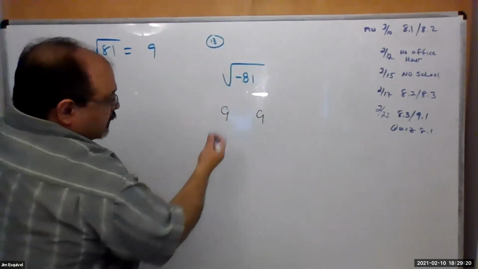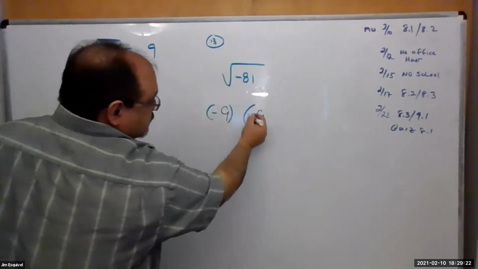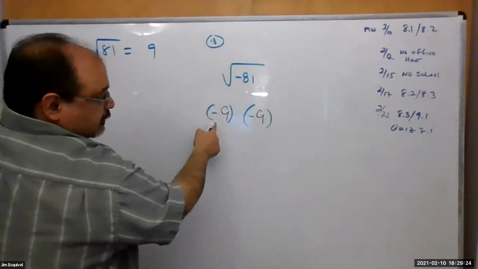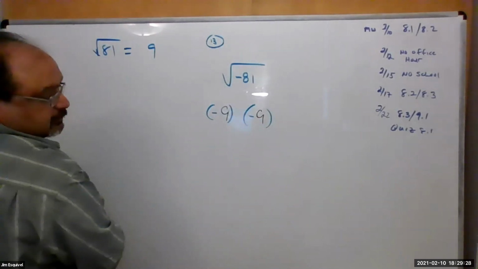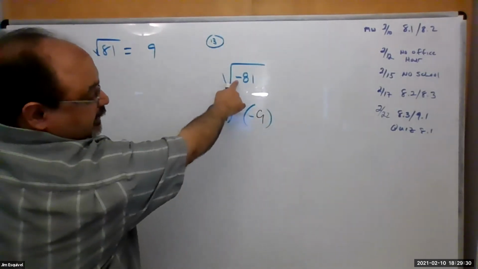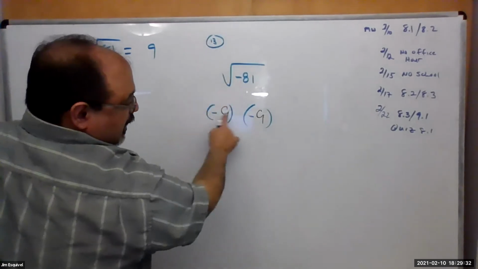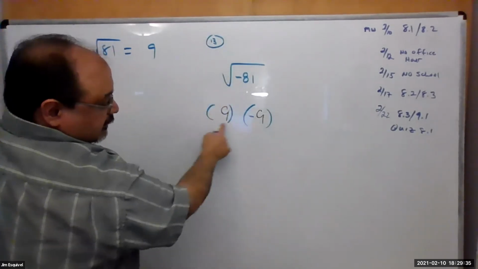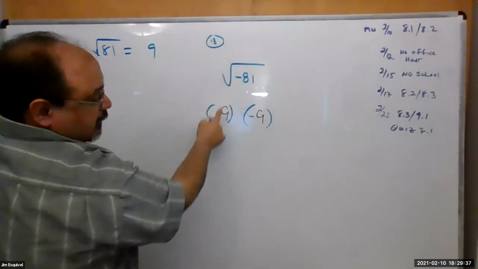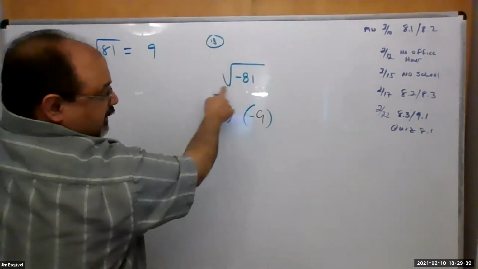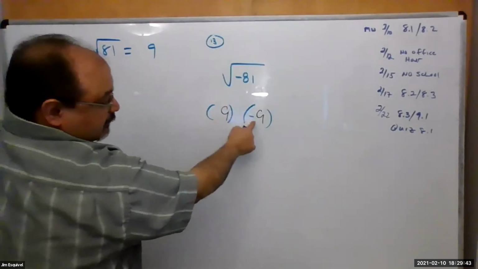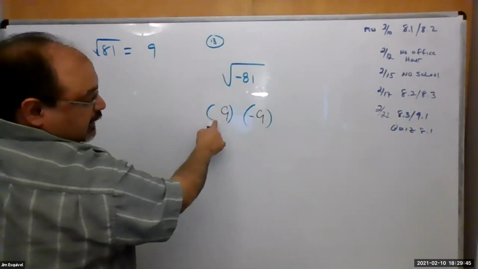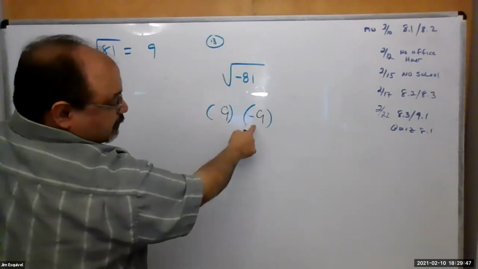If you go negative 9 times negative 9, that's not negative 81, that's a positive 81. The only way you're going to get a negative is if you have a positive times a negative. That makes a negative. But a square root means the same number times exactly itself. Positive 9 and negative 9 are not the same number.